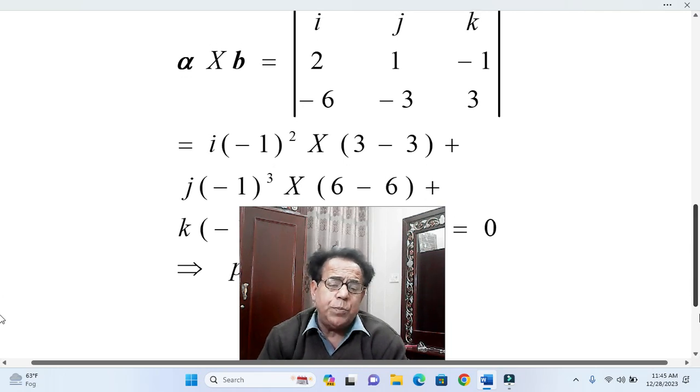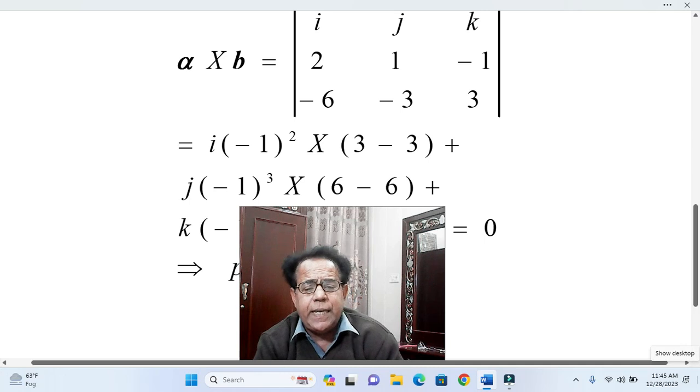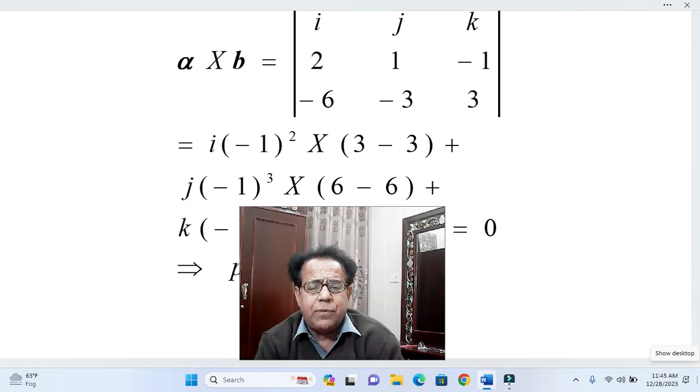i into minus 1 raised to the power 2. Similarly with j we will write minus 1 raised to the power 3, and with k we will write minus 1 raised to the power 4.